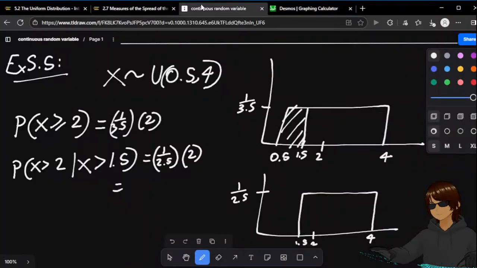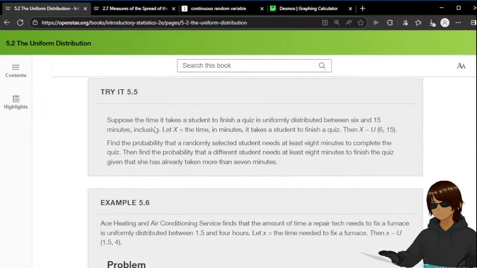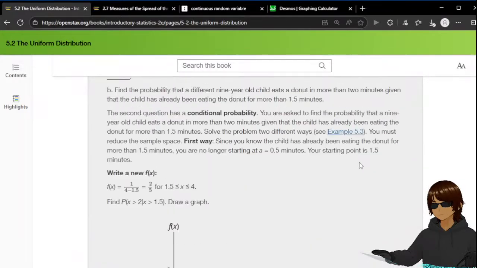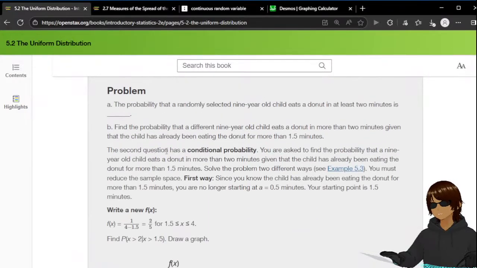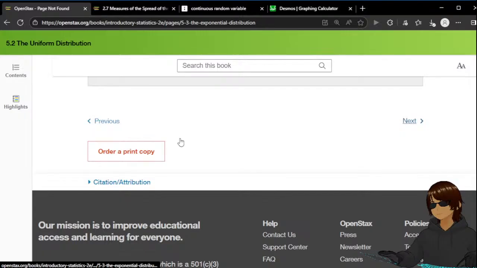Yes, yes, that's correct. Second question has conditional probability. Since you know the child has already eaten the donut for more than 1.5 minutes, no longer starting at 0.5. Okay, yeah, that's what I did.